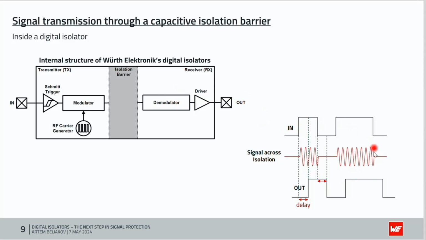As you can see on the right pictures, this is input signal, this is high-frequency signal through isolation barrier, and this is output signal. There is always some delay between input and output signal, and of course, in high-speed application, this delay should be as small as possible.